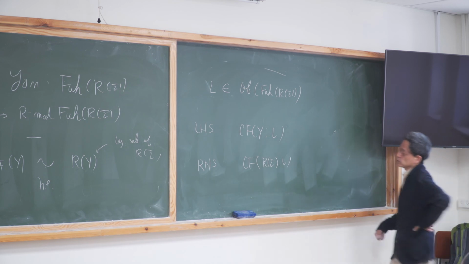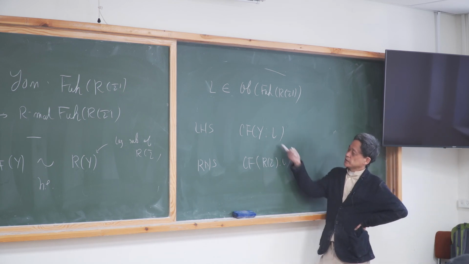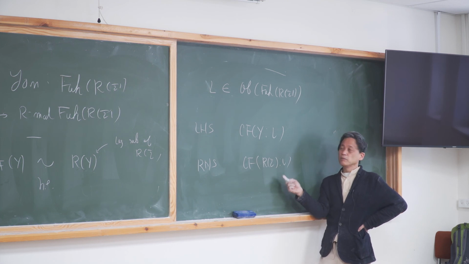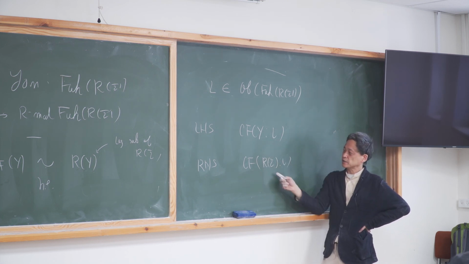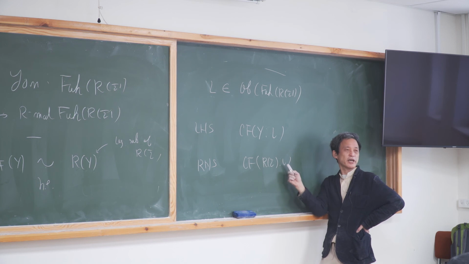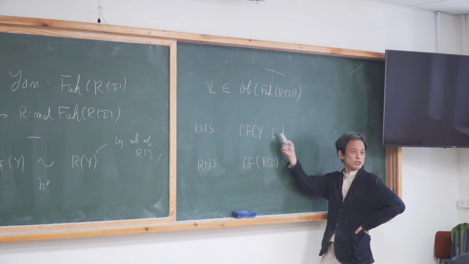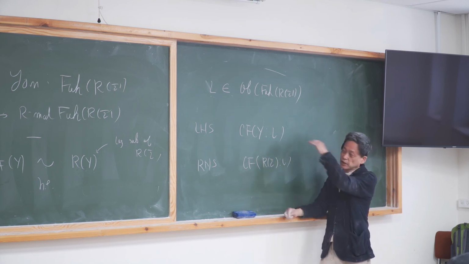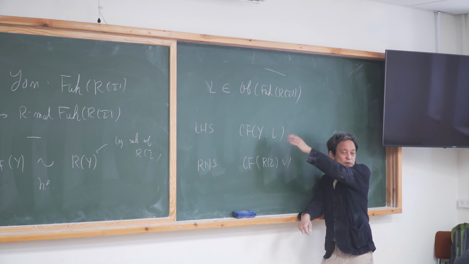Something very easy to see is that the generators of these two are actually the same, because the generator here is just an intersection of R of sigma and L, and that is exactly the same as this one. So as an abelian group, they are the same. So all I need to show is that they are chain homotopy equivalent.